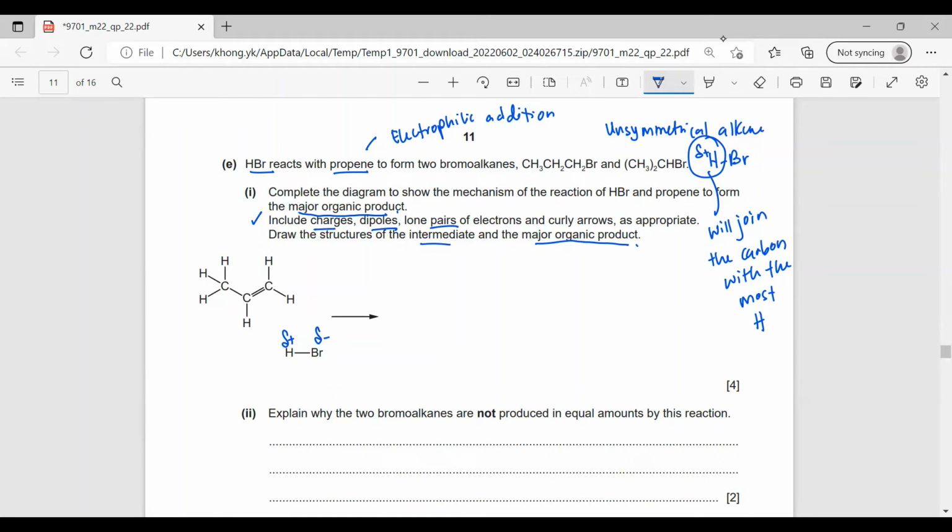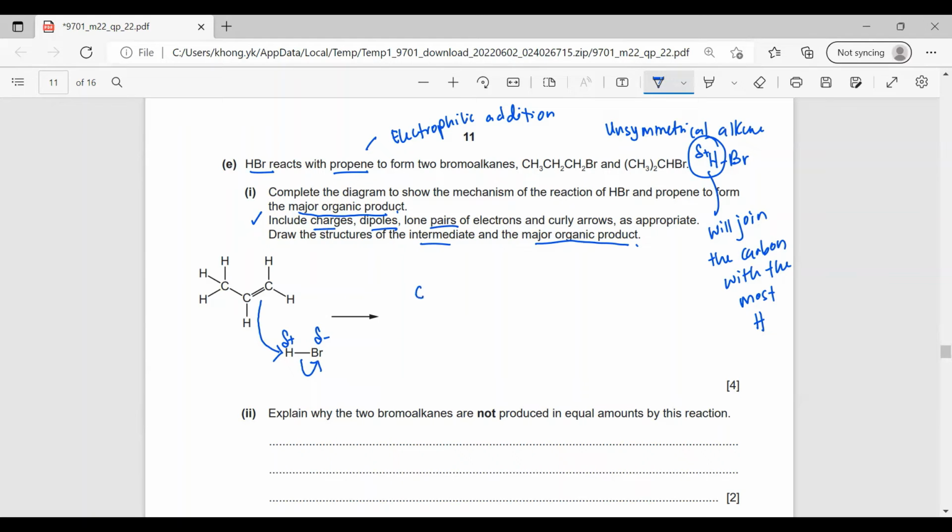Then the pi bond of the alkene will attack the electrophile. Then we will have a heterolytic fission where we break the HBr bond, so the arrow must be from the bond to the Br.